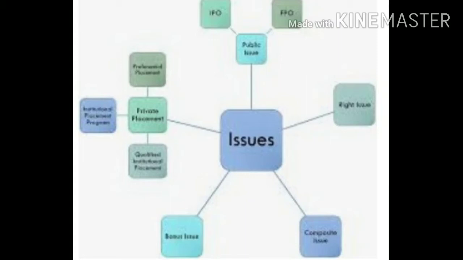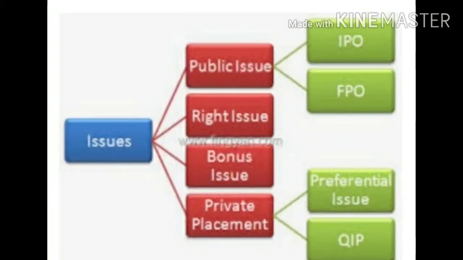And the last division D involves right issue and preferential allotment. So let's see the first one, A. Public issue or public offer of shares.